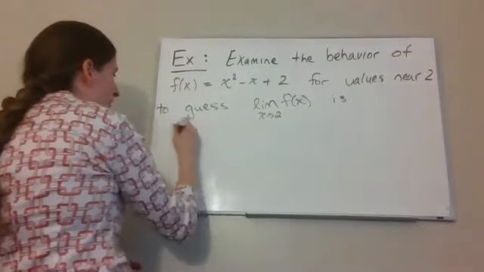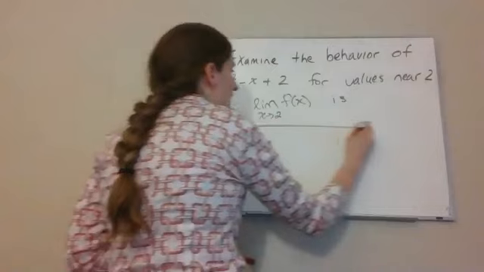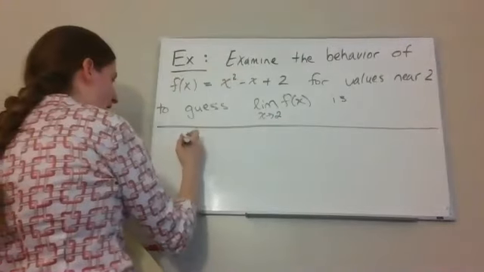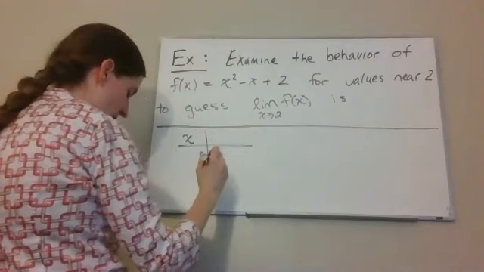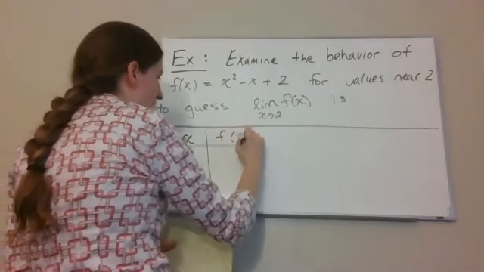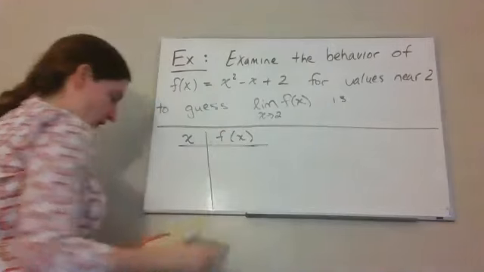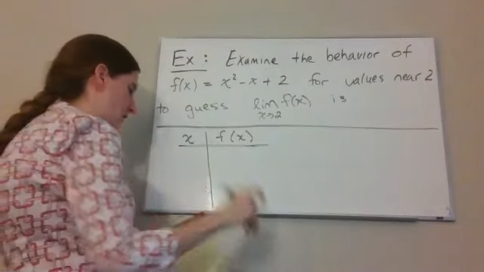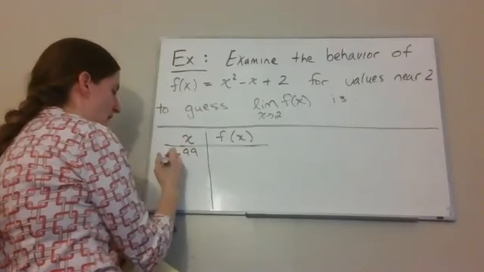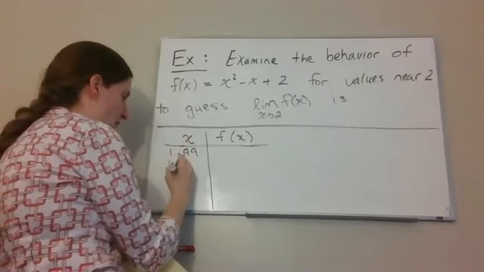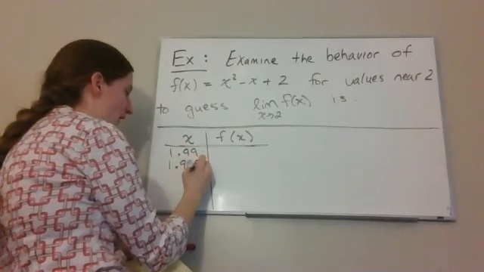I'm going to make a table of points and plug in some values that are very, very close to 2, but not actually equal to 2. So I'm going to try, let's do 1.99 and 1.999.